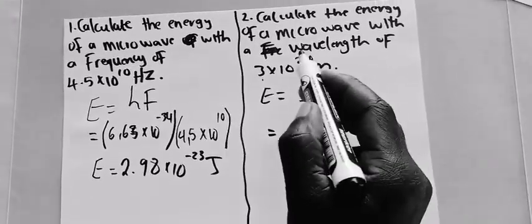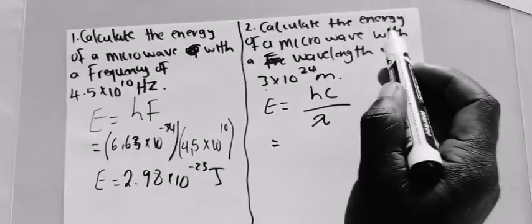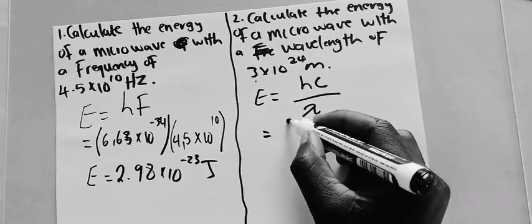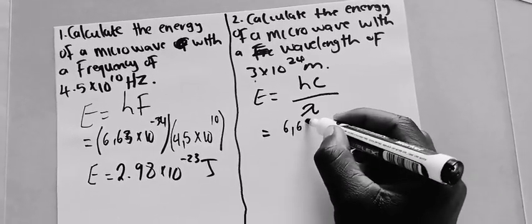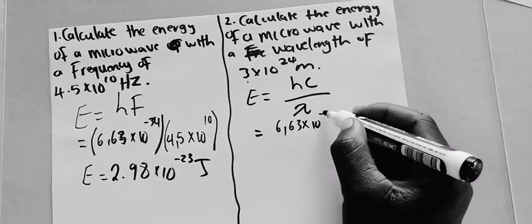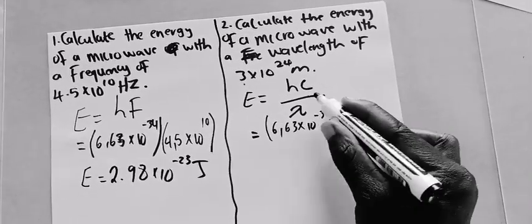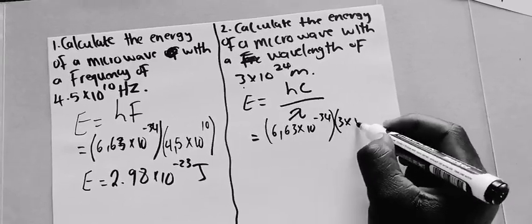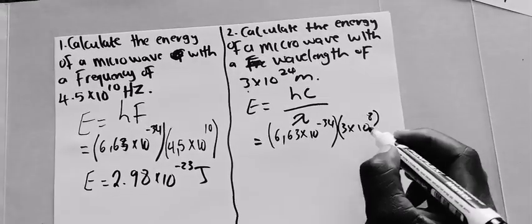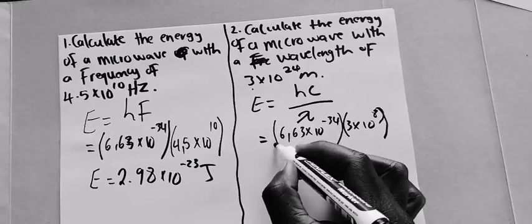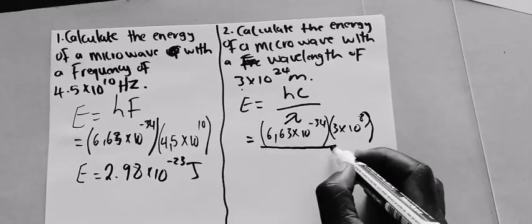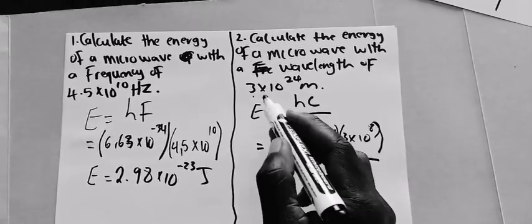So E equal to h, which is Planck's constant, 6.63 times 10 to the power negative 34, multiplied by the speed, which is 3 times 10 to the power positive 8. Then we divide by the wavelength which we are given.